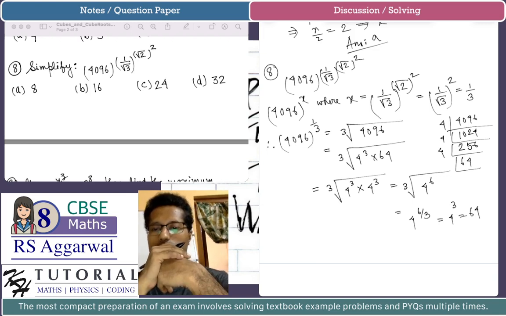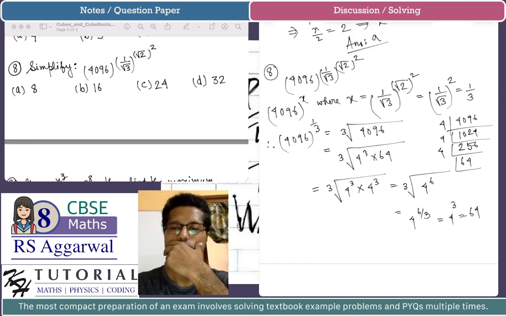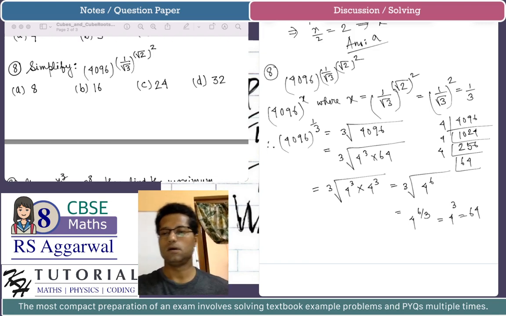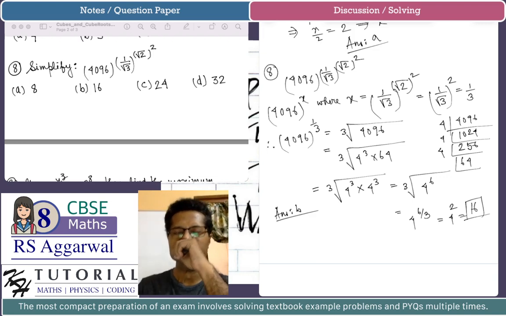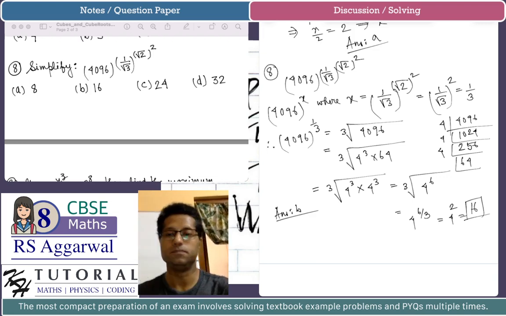So it is coming out to be the cube root of 4 cube multiplied by 4 cube. This is cube root of 4 to the power 6. I'm sorry, this is not 3, but this is 2. So 4 square is 16. So the correct choice is B. The correct choice is B.